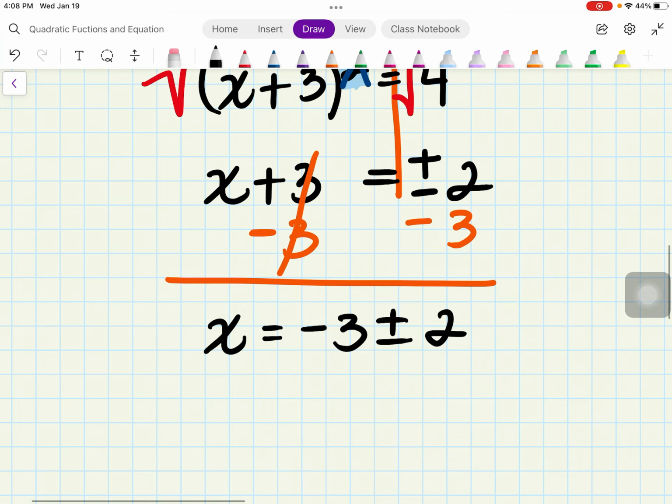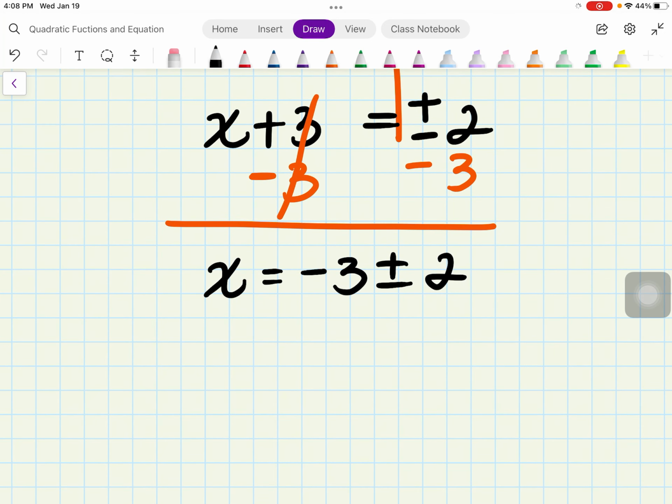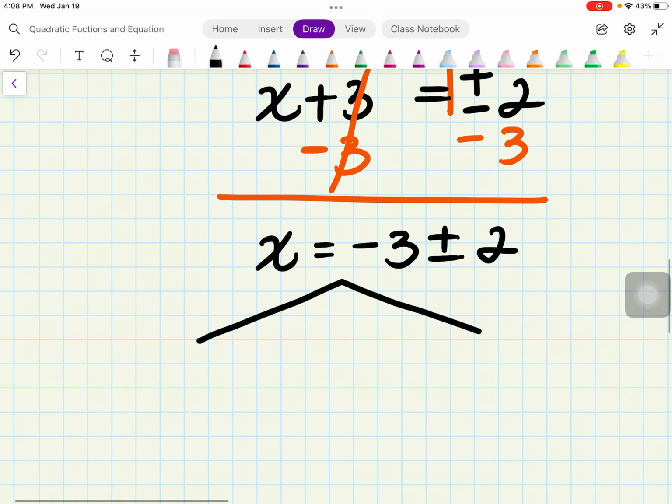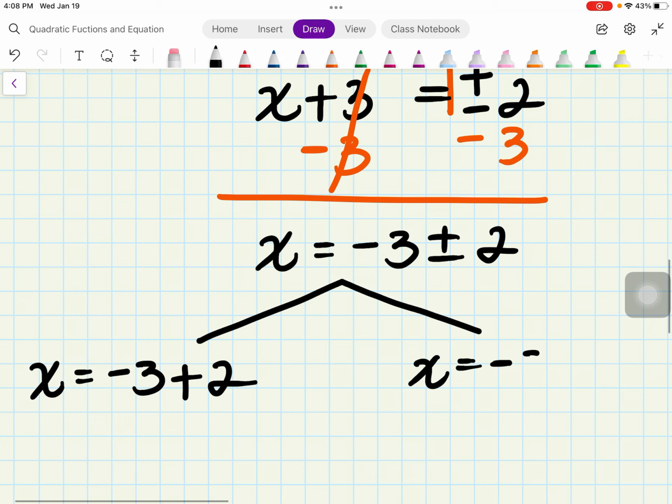And we have the following: x = -3 ± 2. This isn't our final answer because we still need to solve for x here. So I'm going to break this apart into two sections. In the first section, I have x = -3 + 2. The second section is x = -3 - 2.